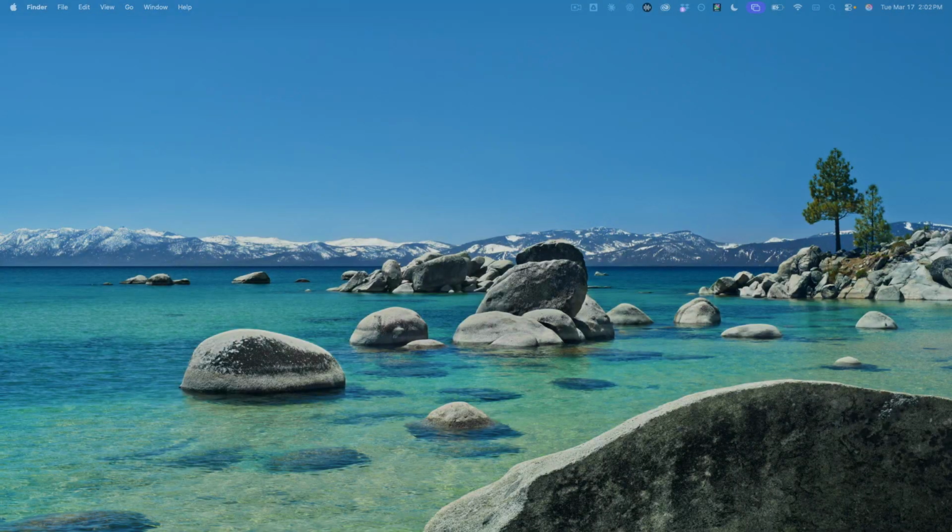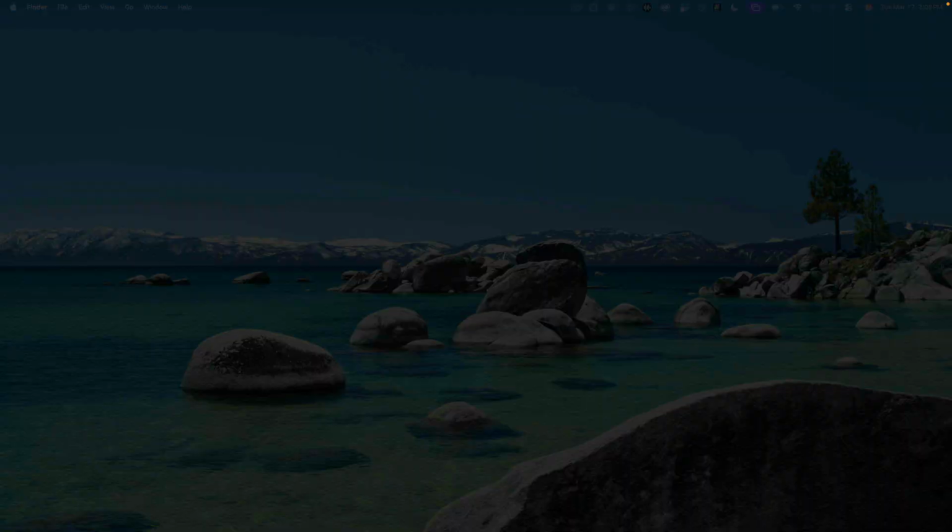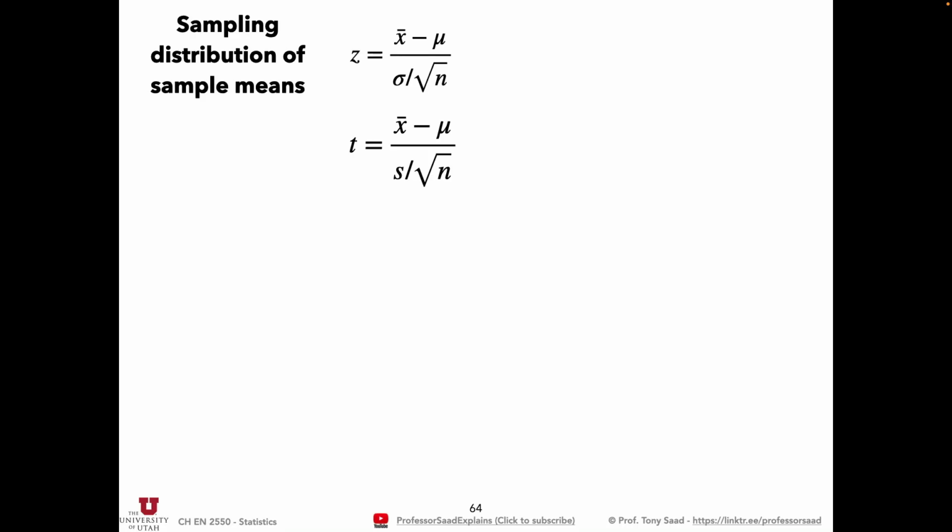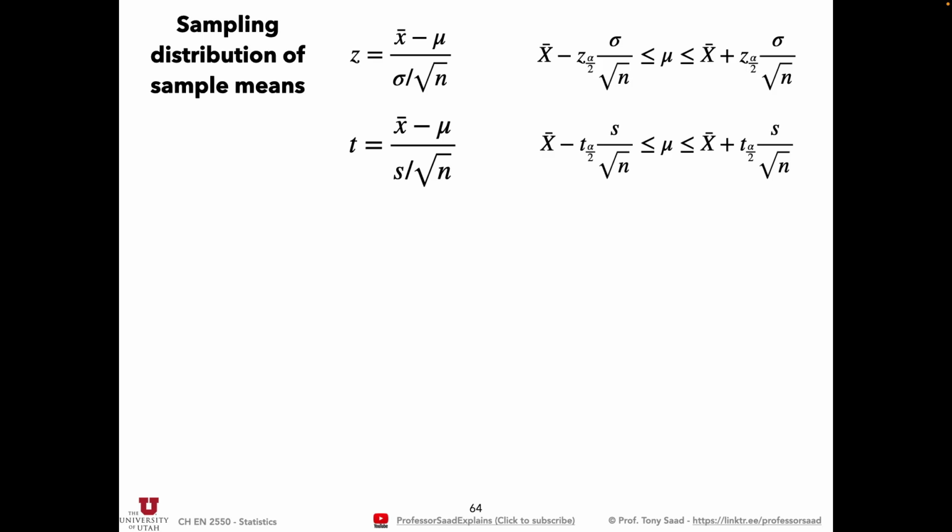And we had two things we had talked about. Sampling distributions: if we know the population standard deviation, then we use what's called a z-test, but that's rarely the case.